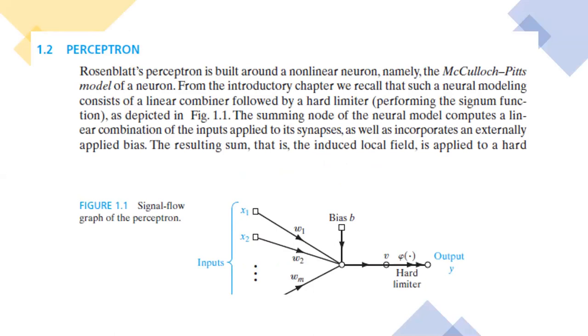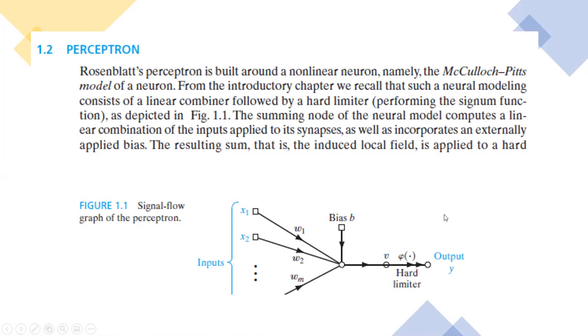Actually, here there are 2 points we have to remember. Who invented this perceptron mechanism? Rosenblatt's perceptron. He invented it, so it is named Rosenblatt's perceptron, or we can say it is a non-linear neuron. Even if there is linearity, when we apply the activation function it transforms into non-linearity.